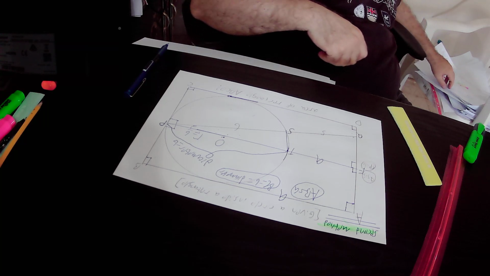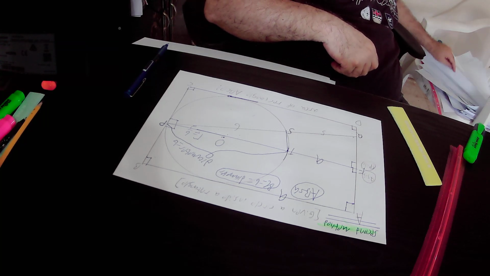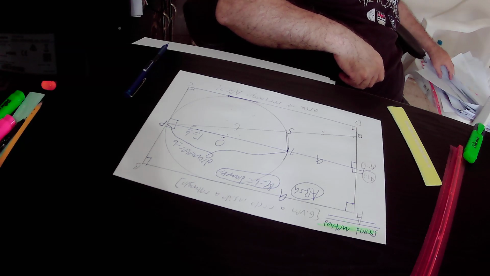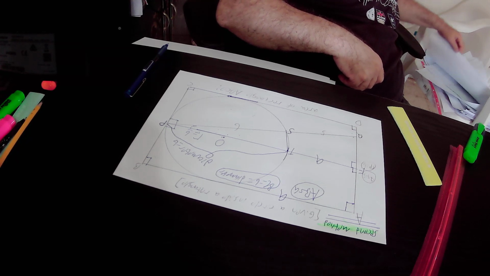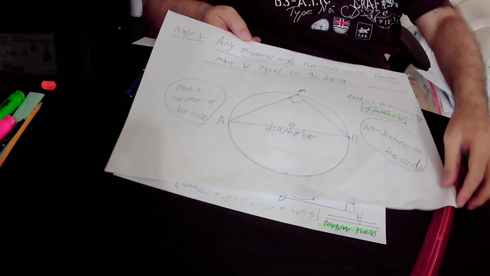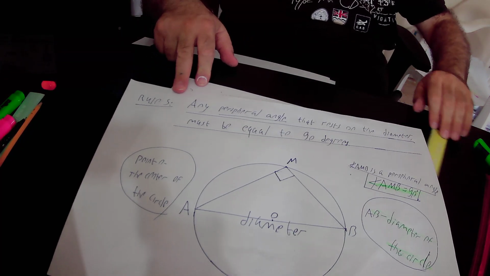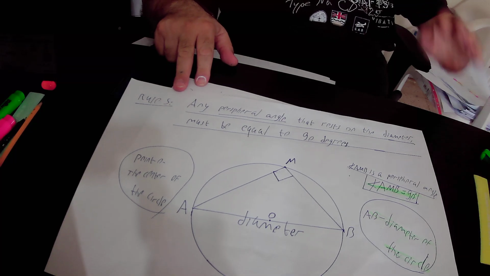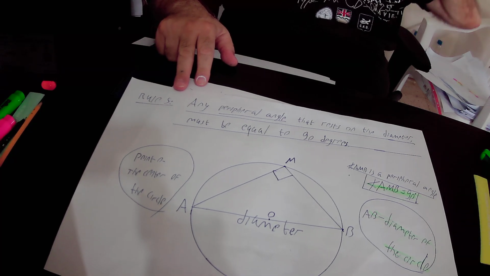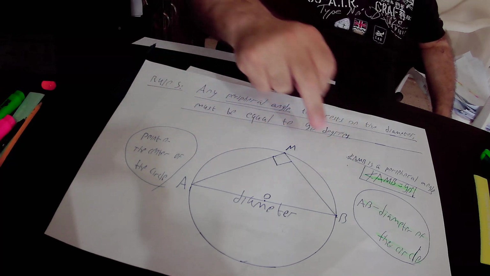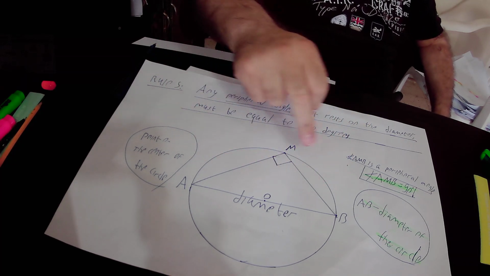And we also have rule number 5 here. According to rule number 5, any peripheral angle that rests on the diameter of the circle must be equal to 90 degrees. So here we have the peripheral angle ASB that rests on AB, that is the diameter of the circle.